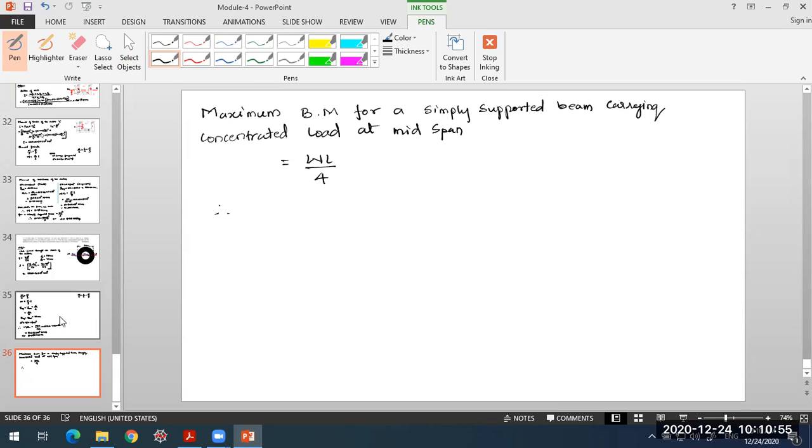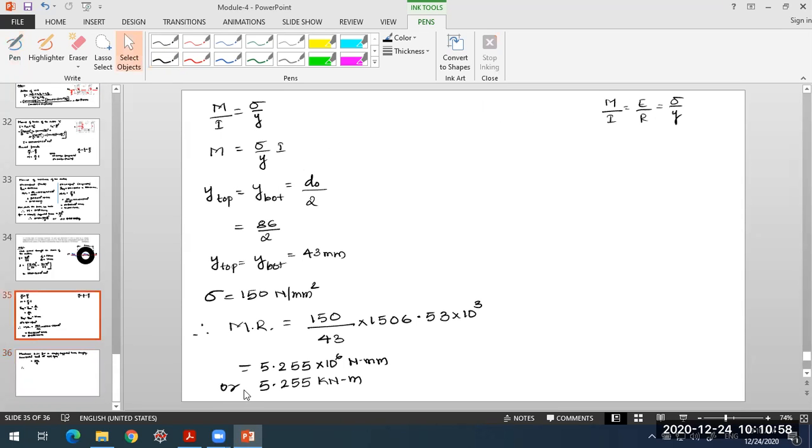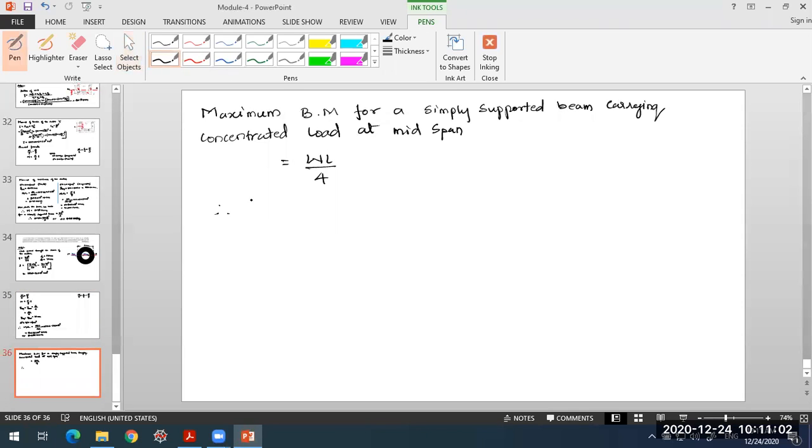Therefore, we will equate this moment of resistance, 5.255 kilonewton meter, to the maximum bending moment. L is 2.5 meters. So W into 2.5 divided by 4, or the magnitude of the concentrated load, will be 5.255 into 4 divided by 2.5.